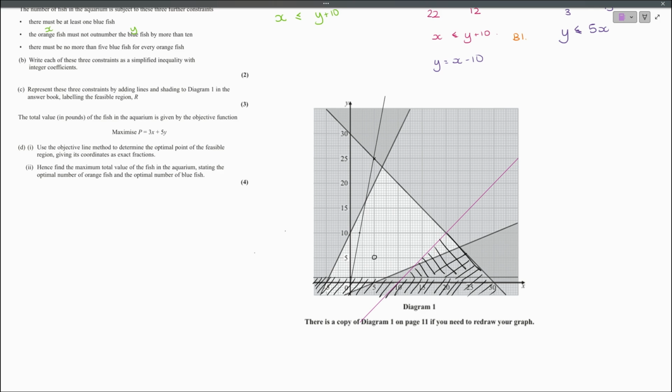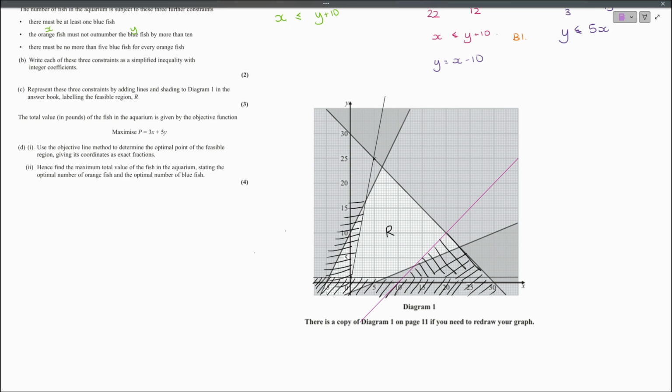So everything on the other side of this line is on the wrong side. So I'm going to shade that in just to show that that's the case. So I've now added my 3 lines and I'm left with a feasible region. I've got to label this feasible region with an R. So believe it or not, if you don't do that, you will not get the mark.